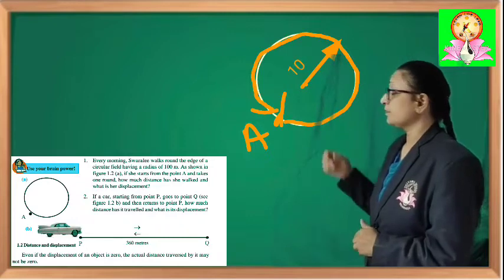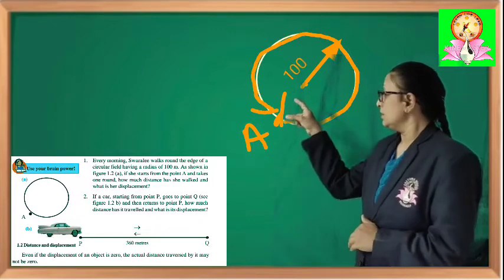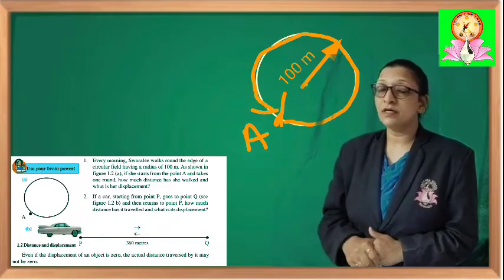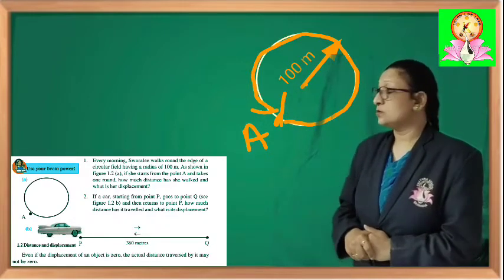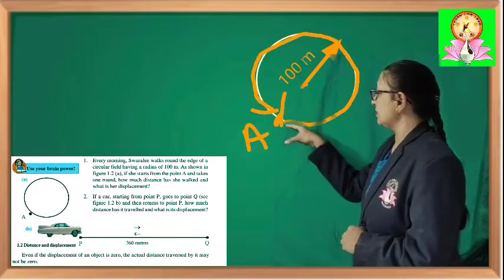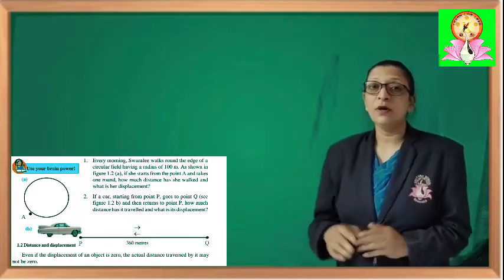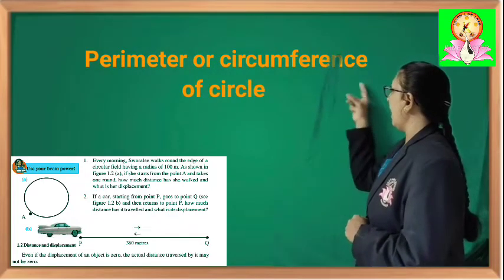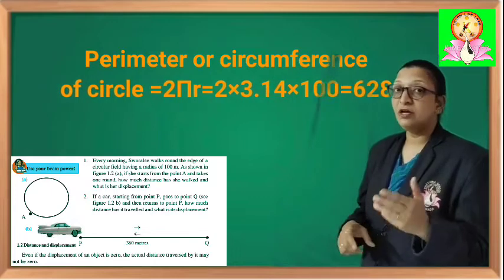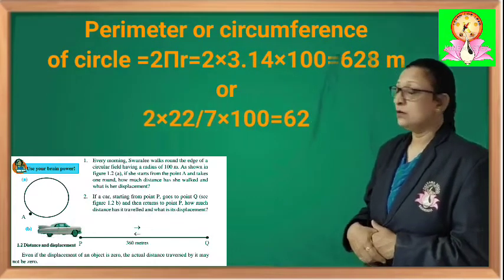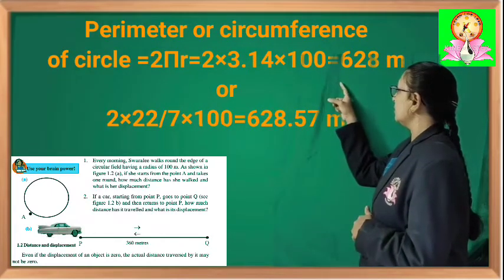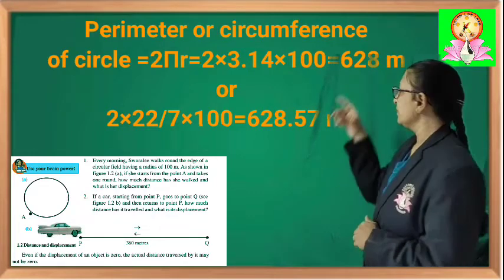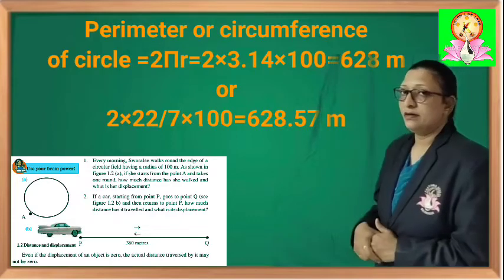As we know, the circular path which Swarali covered is nothing but the perimeter of the circle. So we can calculate this distance with the formula for the perimeter of a circle, that is 2 pi r. Here the value of r is 100 meters. So we will multiply 2 into 22 upon 7, or you can take 3.14 also, multiplied by 100.